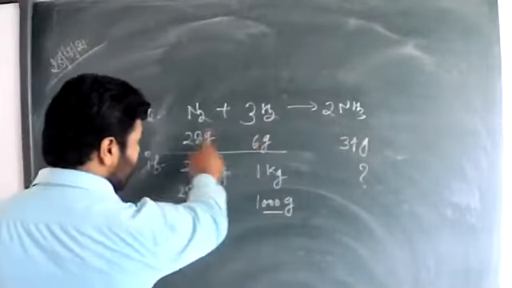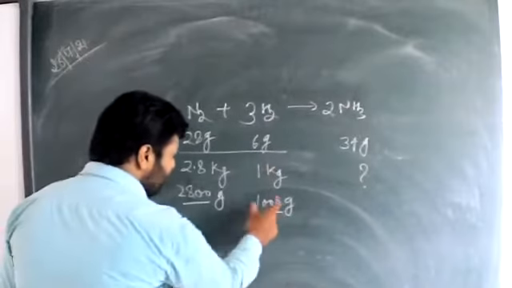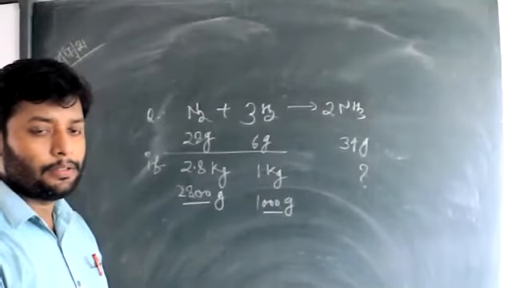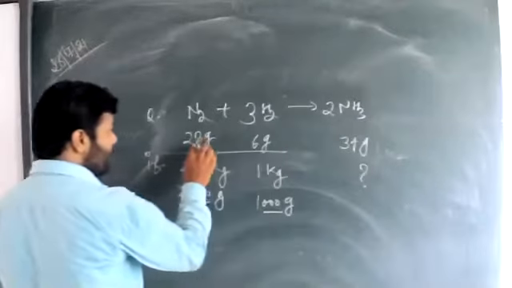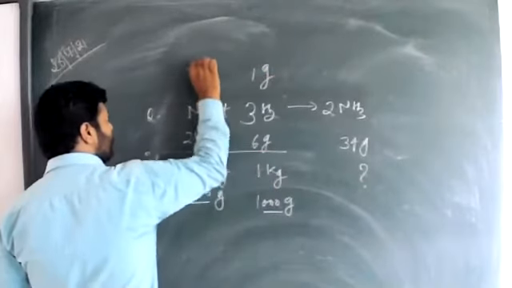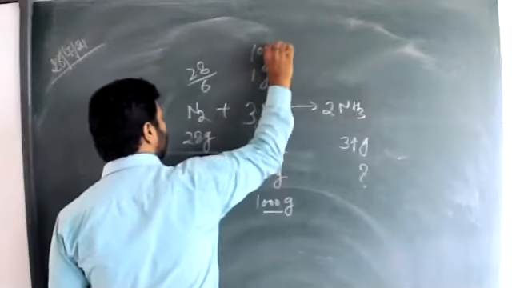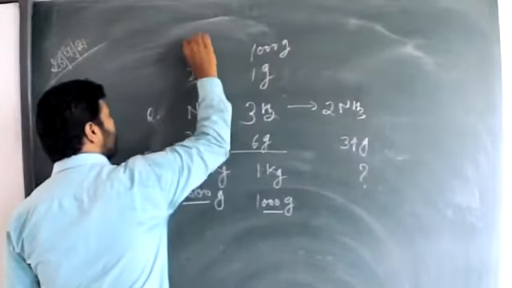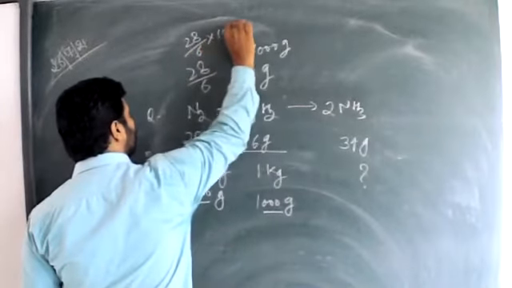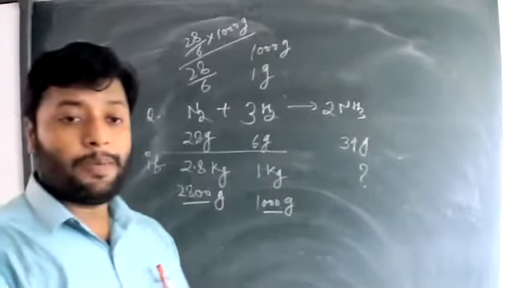So look at the concept: 6 gram requires 28 gram. So what amount will 1,000 gram of hydrogen require?